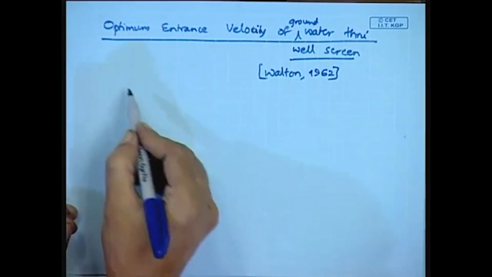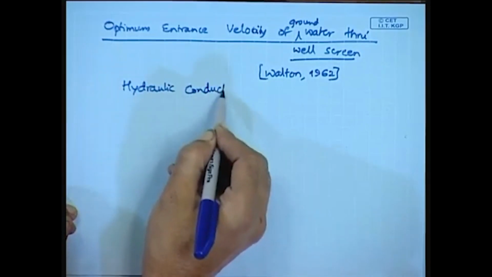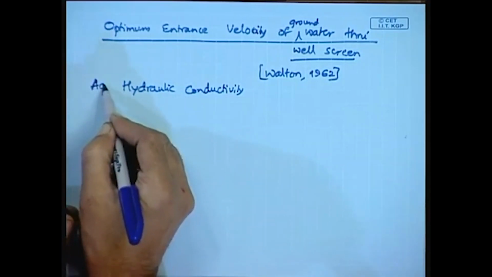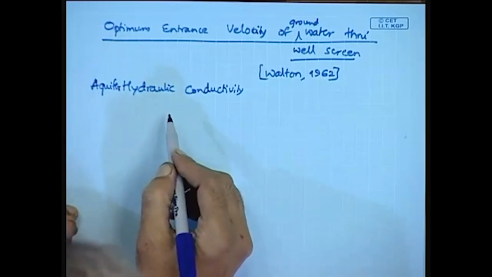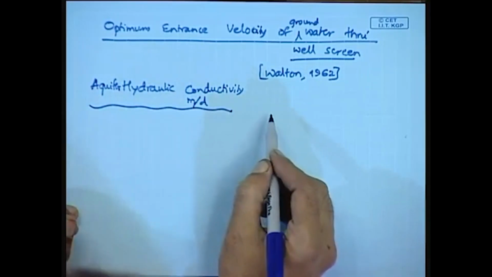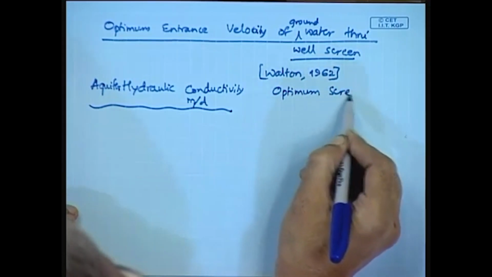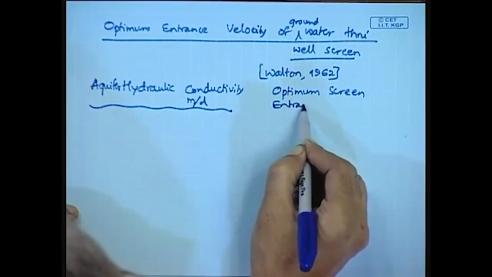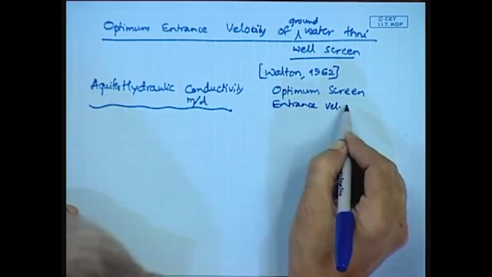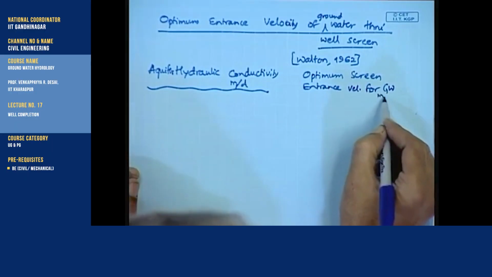So the aquifer hydraulic conductivity in meter per day versus the optimum screen entrance velocity for groundwater, which is in meter per minute.